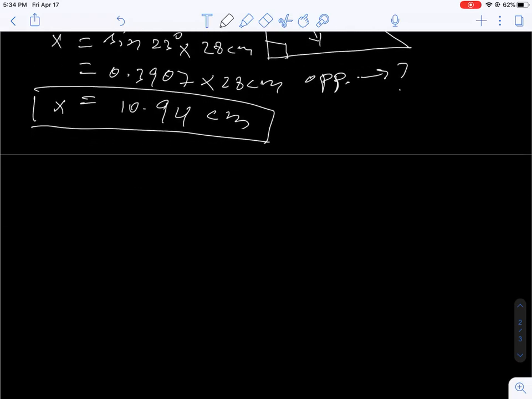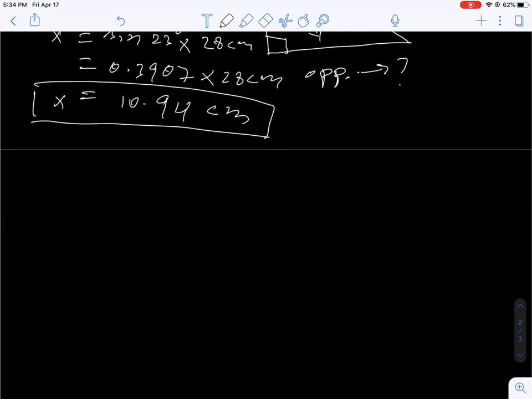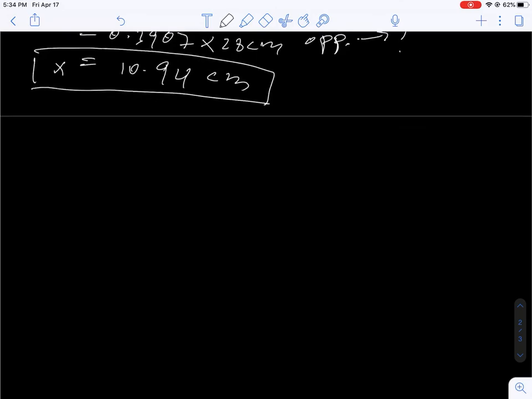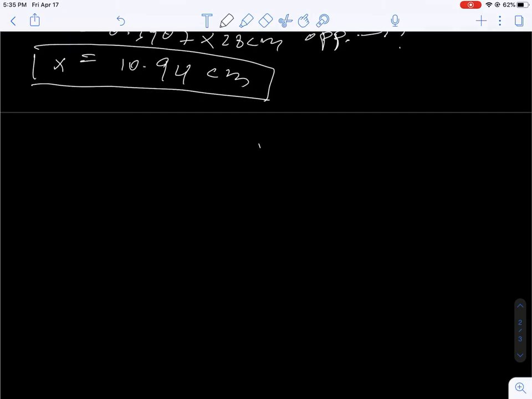Okay, we'll do another example and we'll use sine ratio to find a missing angle. So this is our right triangle. Okay, and we have to put this box in just to make sure it's the right triangle.